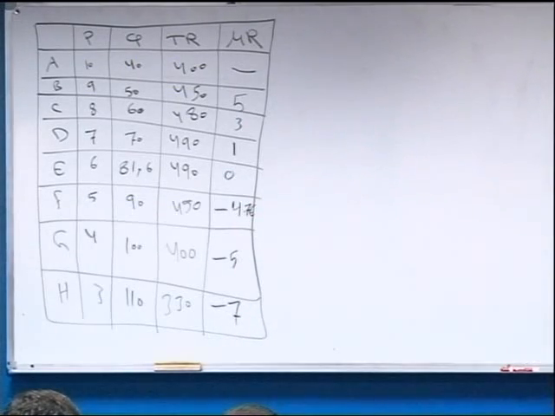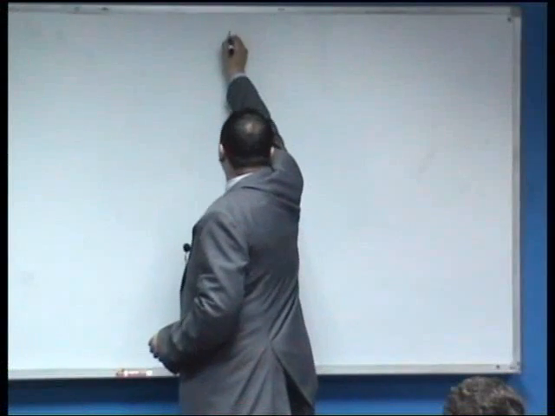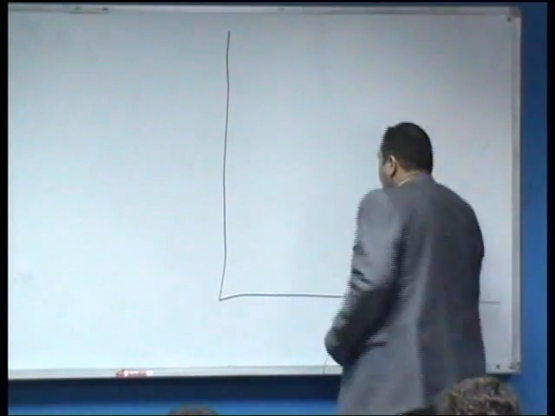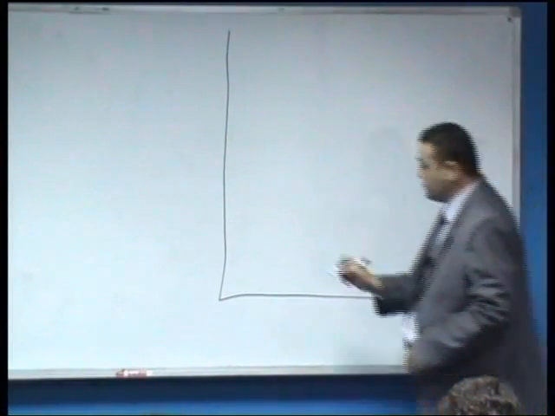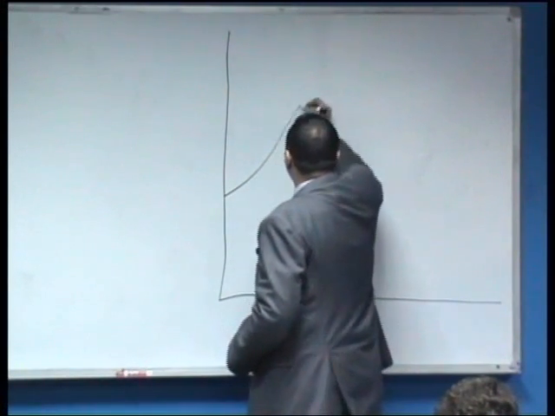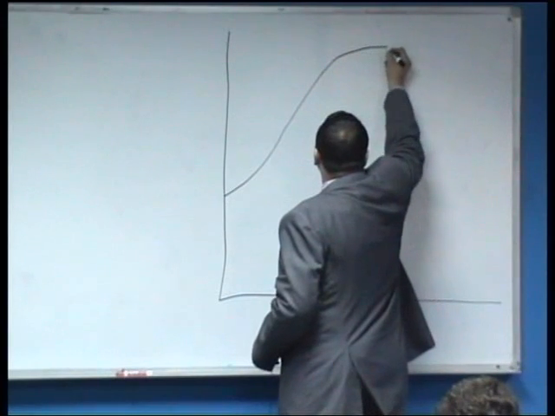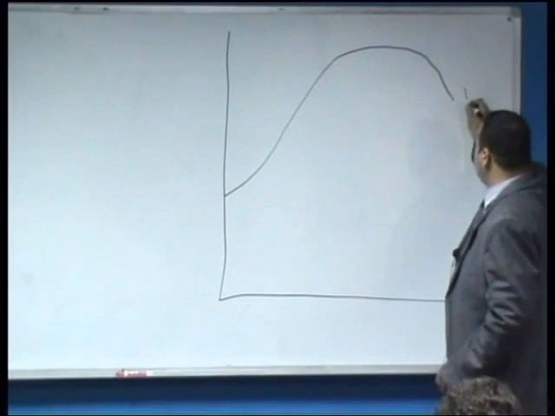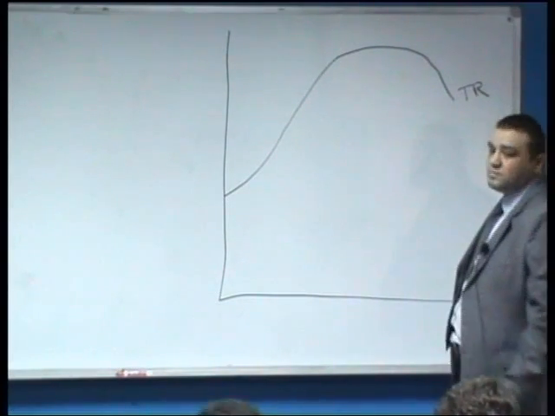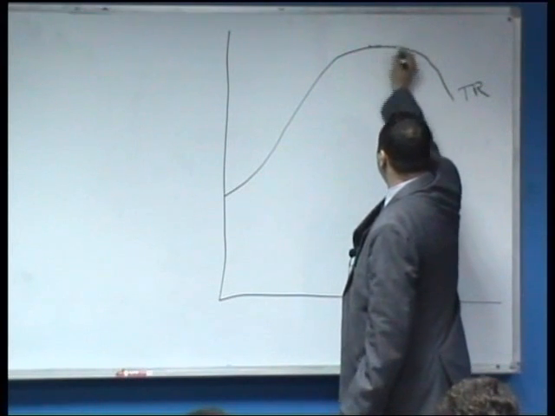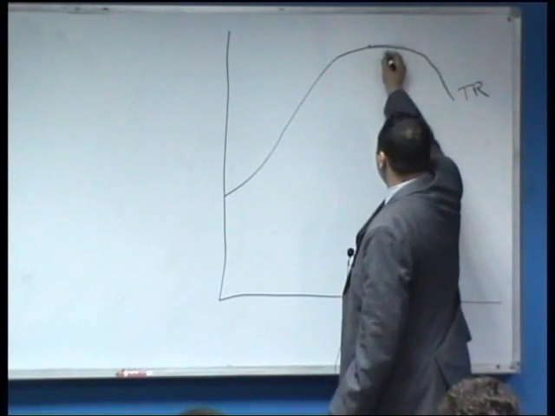Let's draw and analyze the relationship between the total revenue, marginal revenue, and the price elasticity of demand by using a diagram. This is the total revenue curve, TR. This is the peak of total revenue.